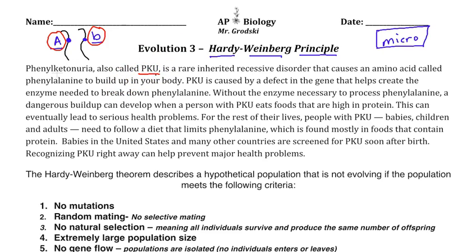Now, PKU, as I talk about, is a rare inherited recessive disorder. And there's a bunch of them. Hemophilia or sickle cell anemia, where the red blood cells are in a sickle shape. And those are among many that are recessive disorders, meaning what?